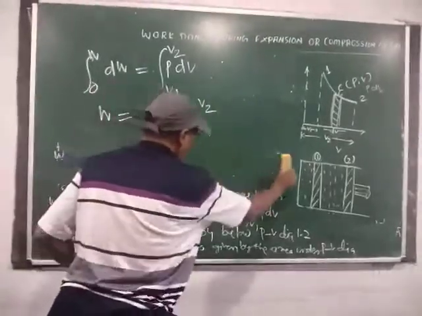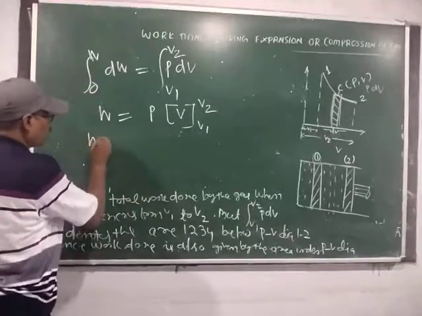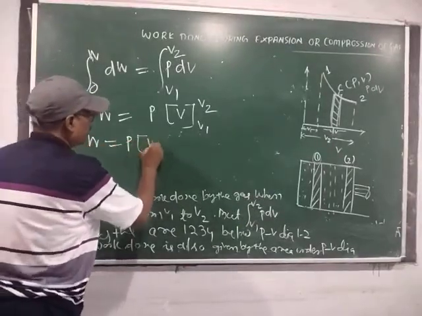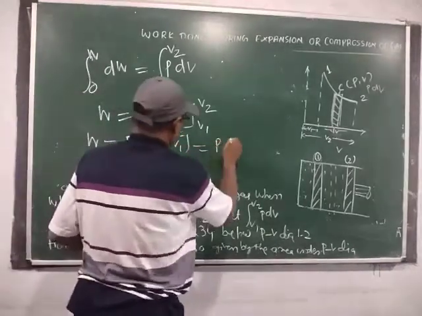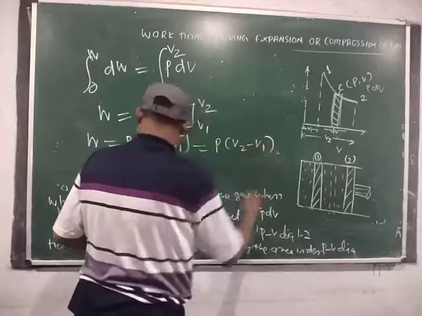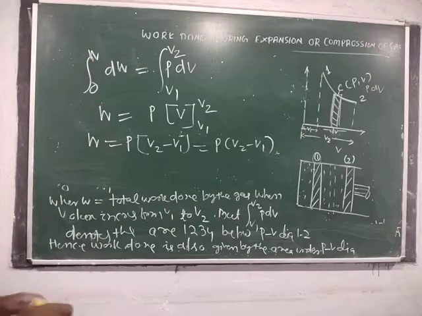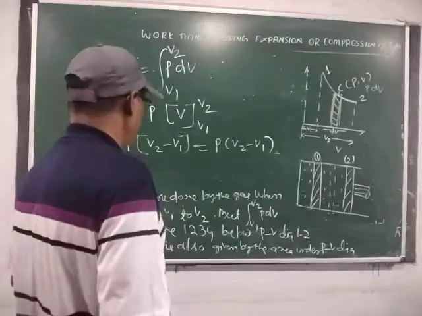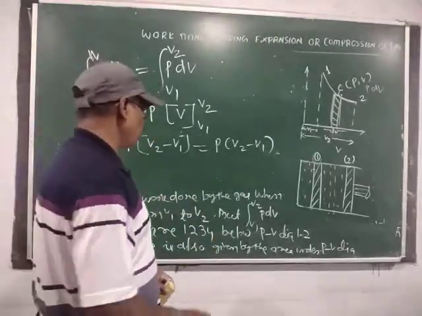Therefore, work done is equal to P within bracket V2 minus V1, where W is the total work done by the gas when volume increases from V1 to V2.